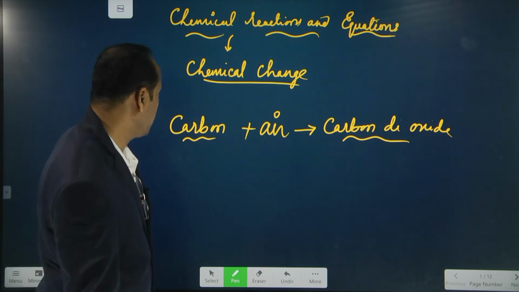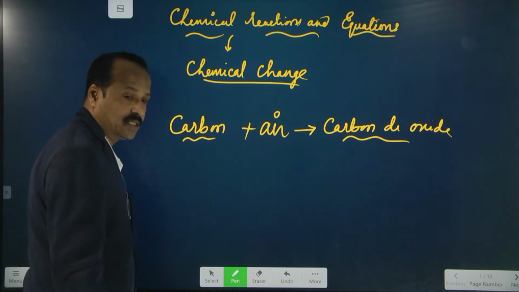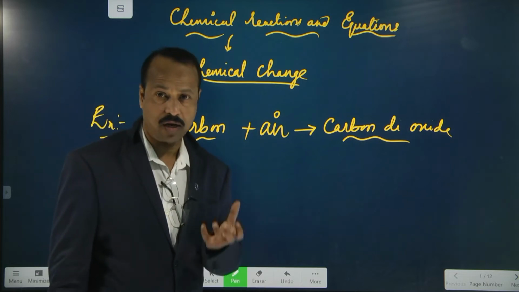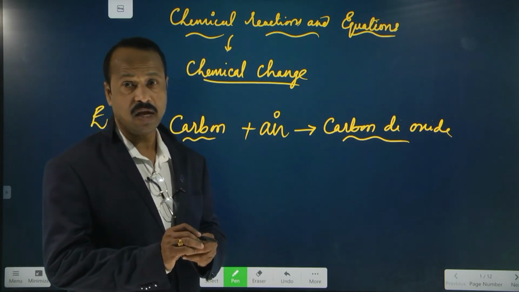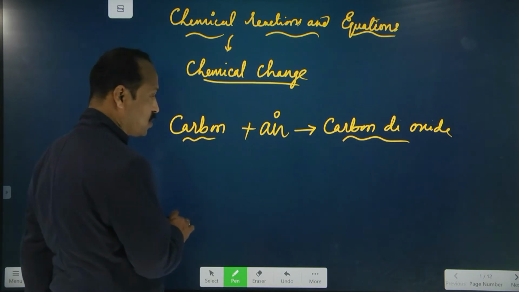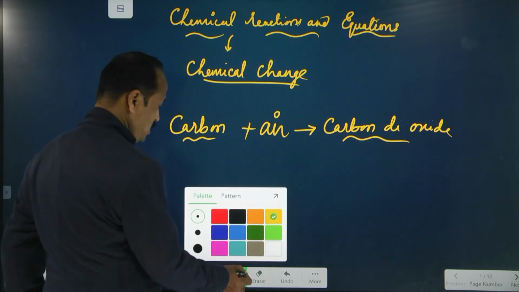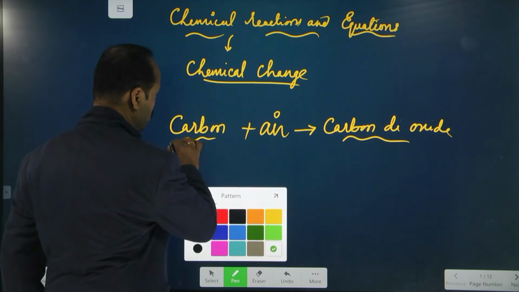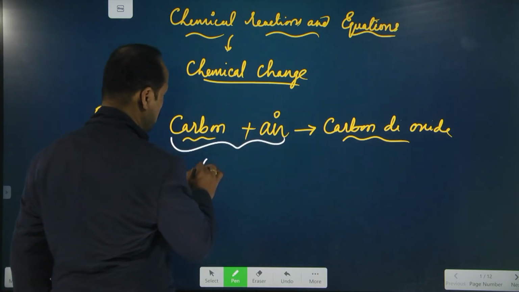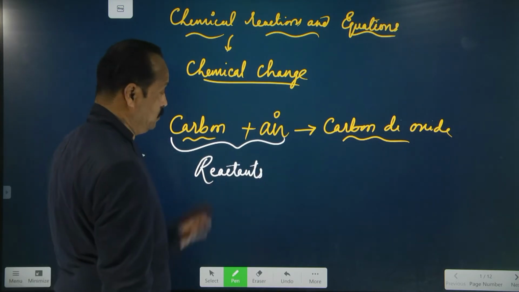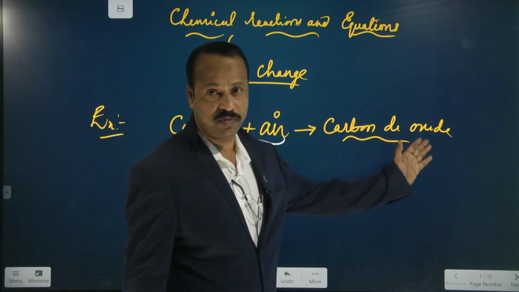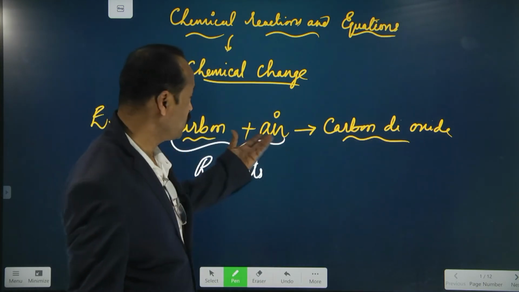In this chemical reaction, what are the substances, the components reacting with each other? They are called reactants. Here carbon and oxygen are combining, so they are called reactants. And what is the new substance forming after the reaction, after combining these both?